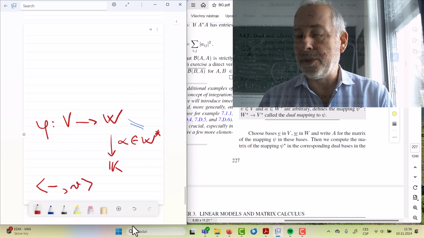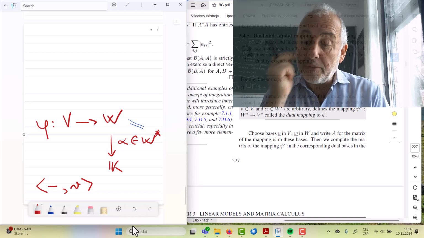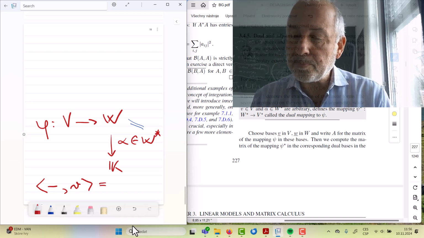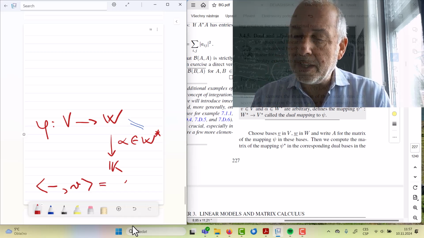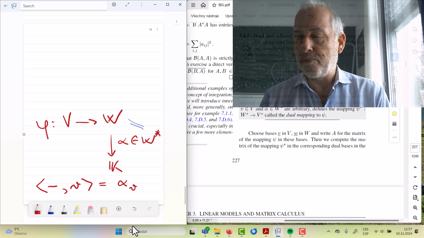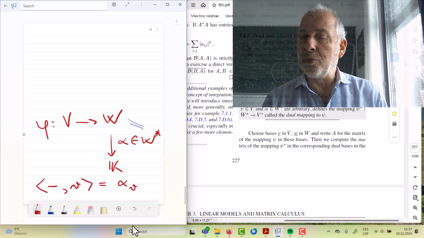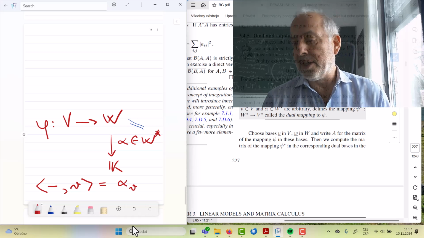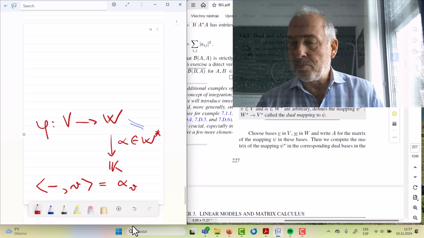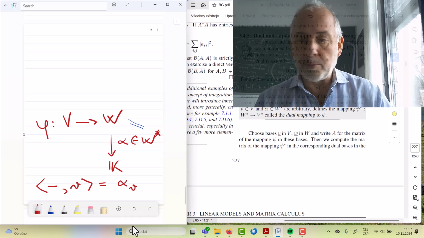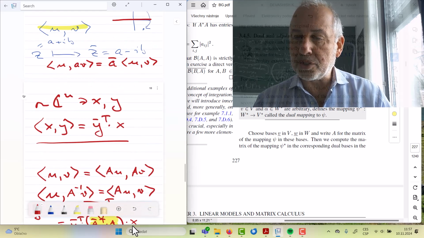So if this is something like alpha_v, then it's a linear form associated to a vector v, and you can see immediately that this is just from the formula we had here, right?